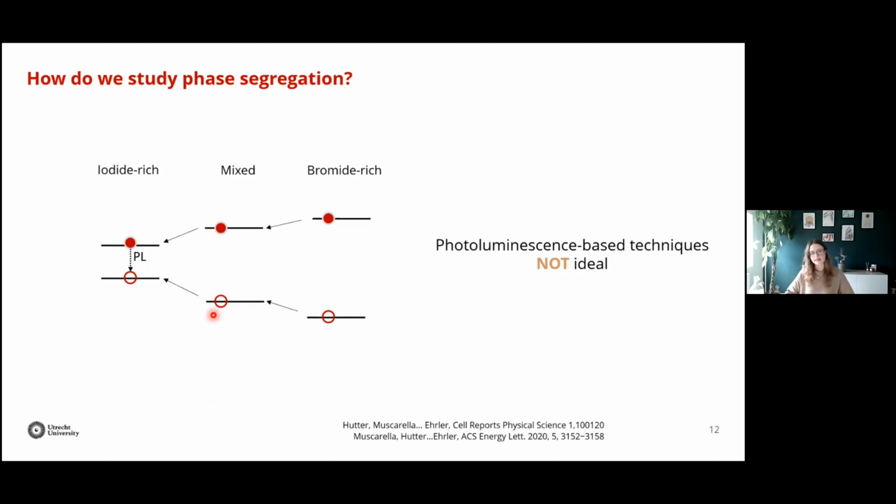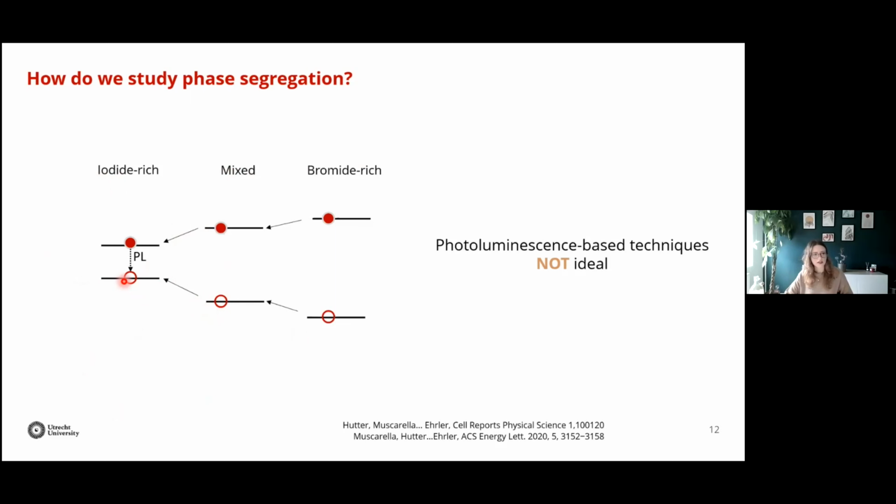And the reason is that when you have a mixed phase and you illuminate, so you form bromide-rich domains and iodide-rich domains, all this charge will funnel into the low energy states. So we will mainly probe the iodide-rich phase. And this is only partial information of the phase segregation.